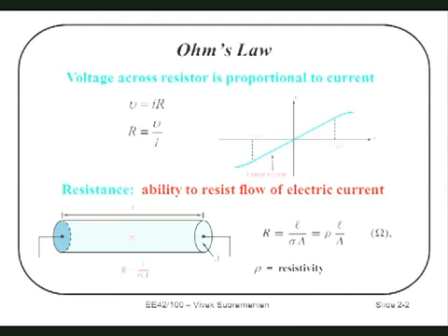So we are going to start by discussing something called Ohm's law. In very simple terms, Ohm's law says that the voltage across a resistor is proportional to the current.